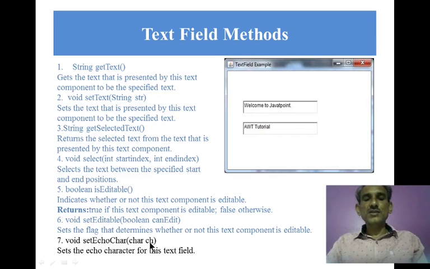Here char ch is a star, that's why it shows a star while entering the password. If you want to set another character like a question mark, then you can set the question mark by using setEchoChar with a question mark. Then while entering a password, it displays the question mark.